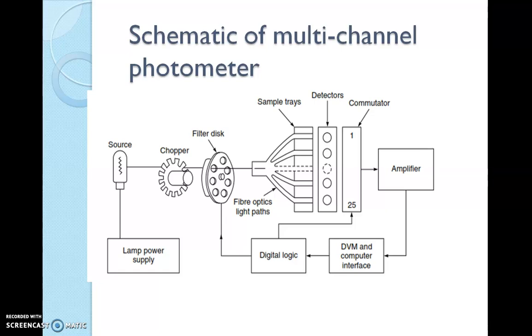And then the sample tray, which is a combination of a number of cuvettes. Then the commutator, an attachment connected with the armature of a motor or dynamo. Basically it is used in DC motors as well as universal motors. In a motor, the commutator applies electric current to the windings. DVM is a digital voltmeter, used to measure the voltage. And then the amplifier, which we use to boost up the signal strength.